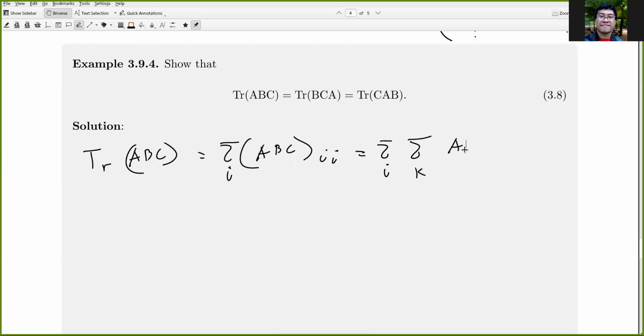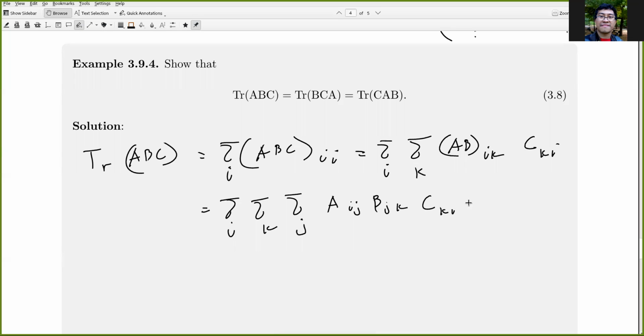So you have A B_ik times C_ki, and that would be the sum over all i, sum over all k, sum over all j. Let's add j. If you expand this, let's say j would be the index of summation: A_ij, B_jk, C_ki.